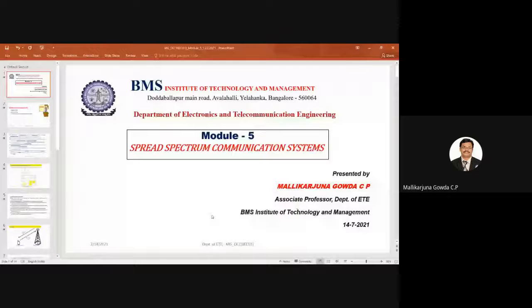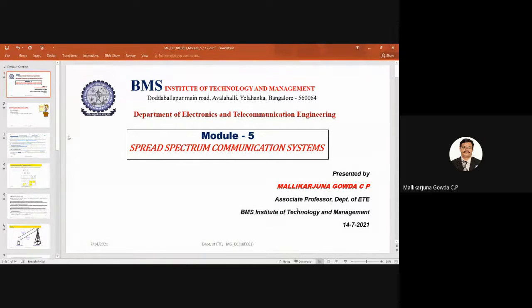Okay, fine. So let me start today the last topic of this module, that is about CDMA system based on the IS-95. Before we discuss that, I think we need to have some basic understanding. Other than this gold sequence, PN sequence, Kasami sequence, some more sequences are used.